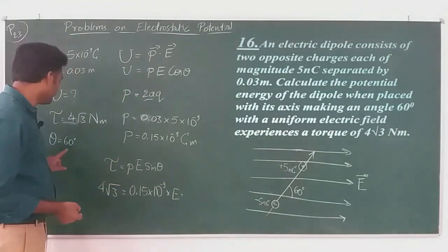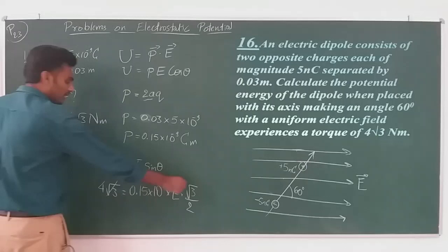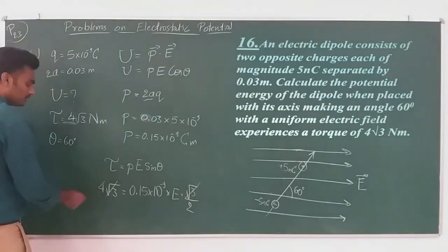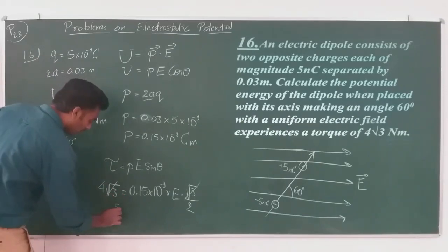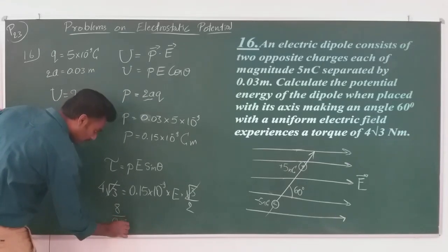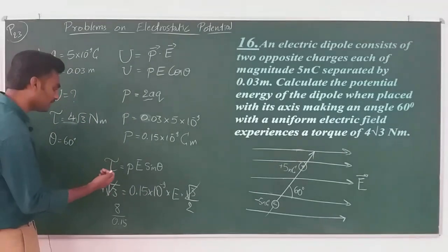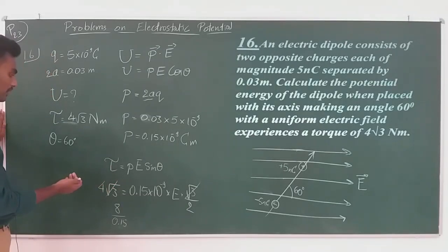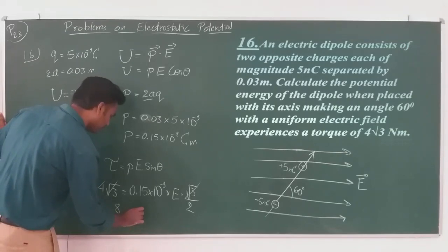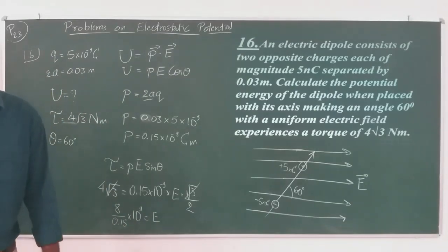Sin 60 is root 3 by 2. Root 3 cancels, 2 comes here, becomes 8 by 0.15. The 10 to the power of minus 9 comes to this side and becomes 10 to the power of 9, which is equal to E. Simplify this with a calculator.